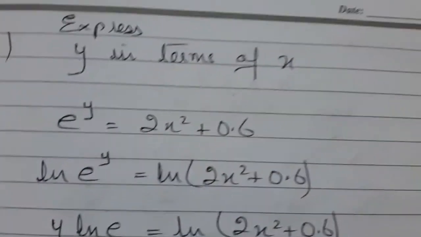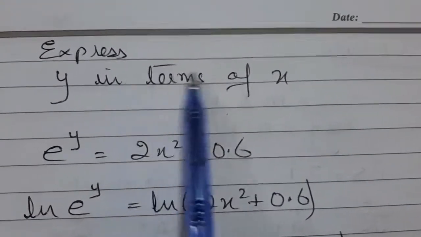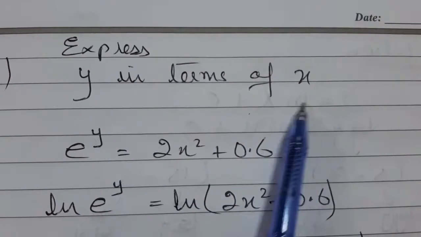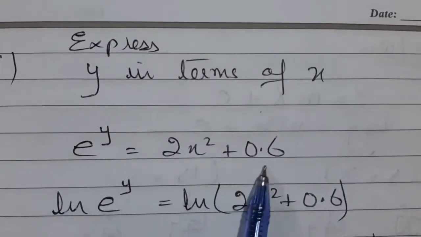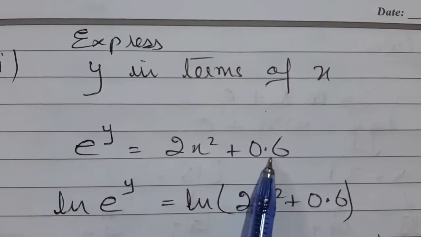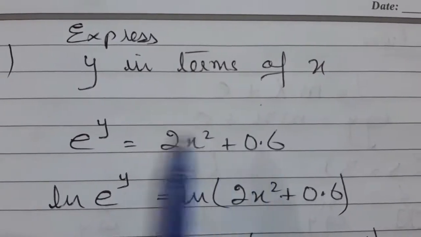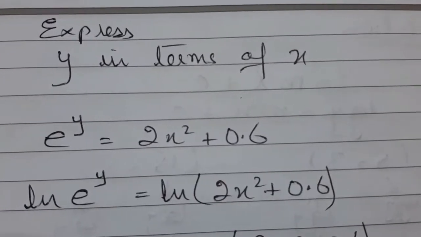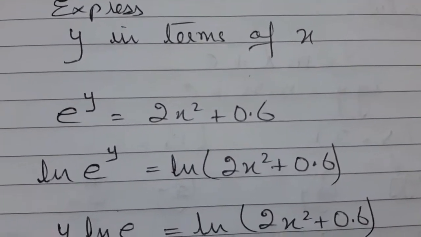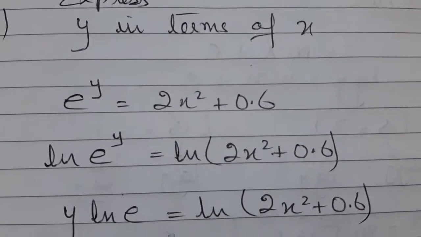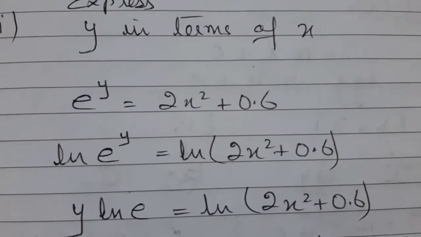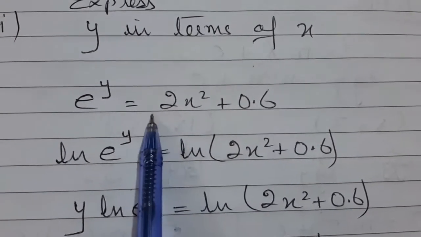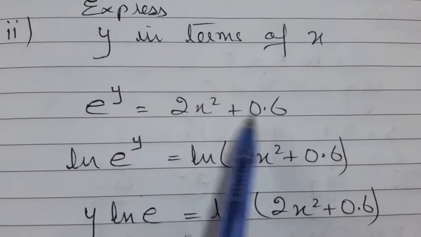Second part of the question was express y in terms of x. Now this equation we have already obtained, the linear law form from the graph. Now I have to make y the subject because the question is saying express y in terms of x. So to bring y down, I am taking ln on both sides. Here I would like to tell you, do not make the mistake of writing ln with both the terms.